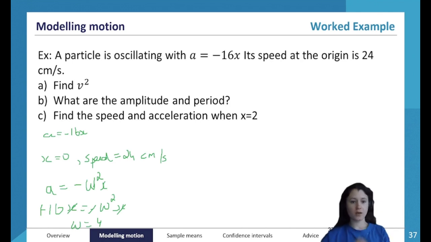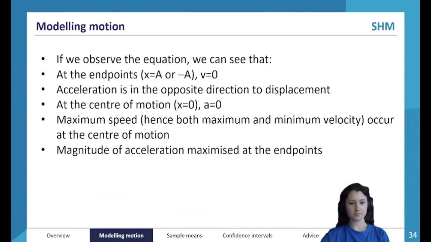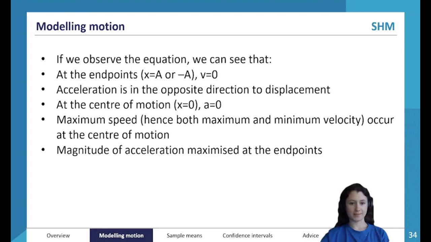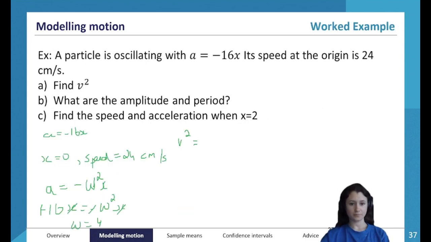So, the first part of the question asks us to find v squared. Let's go back to our formulas. We know that v squared is equal to angular velocity squared, times a squared minus x squared. Right.